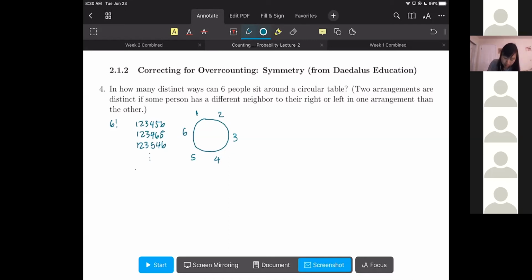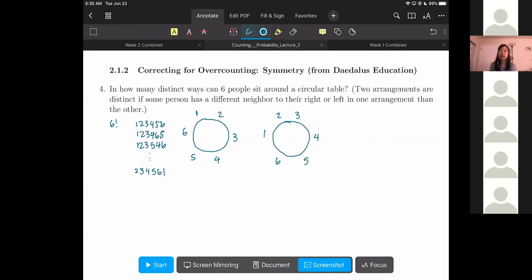Then later on, when we have the permutation 2, 3, 4, 5, 6, 1, we might seat them 2, 3, 4, 5, 6, 1.